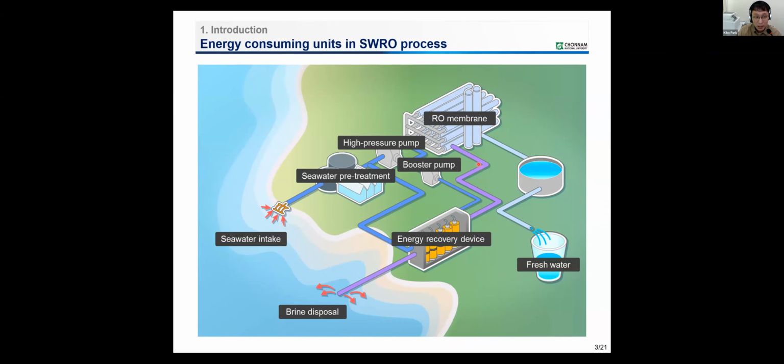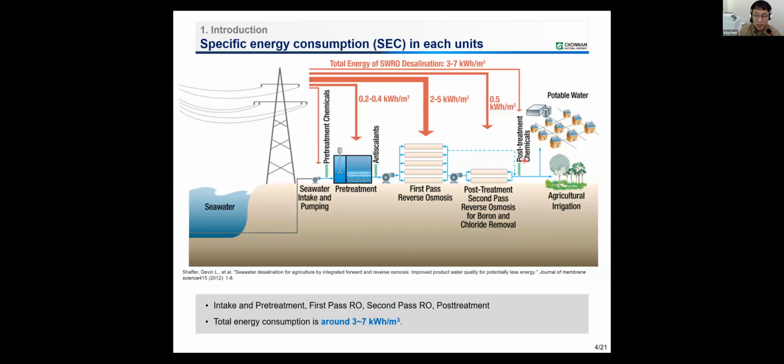Among the energy consuming units in SWRO are the high pressure pump, booster pump, and any other pre-treatment and post-treatment. So we have to think about how to reduce the energy consumption in these units. We can see the current energy consumption in each unit.